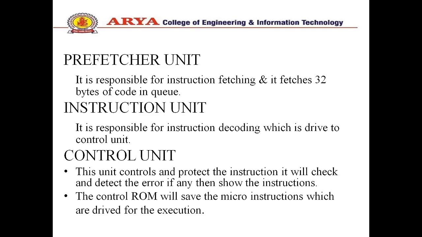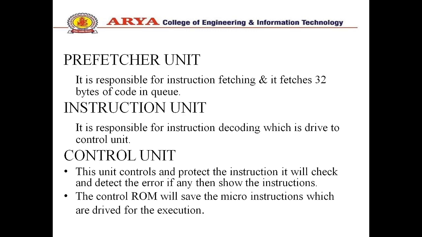Control unit. This unit controls and protects the instruction. It will check and detect errors if any, then show the instructions. The purpose of the control unit is to make our program error free. It will identify the errors, then tell the programmer, and the programmer will have to rectify them so that our program will run smoothly.